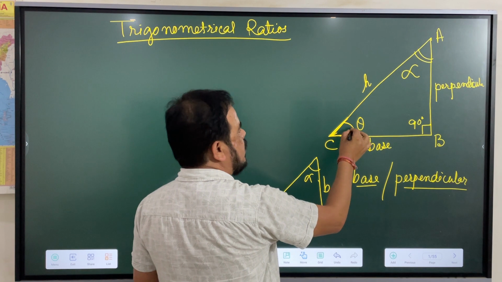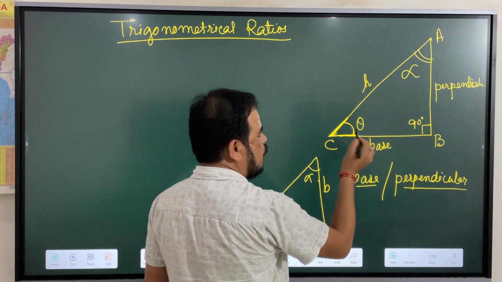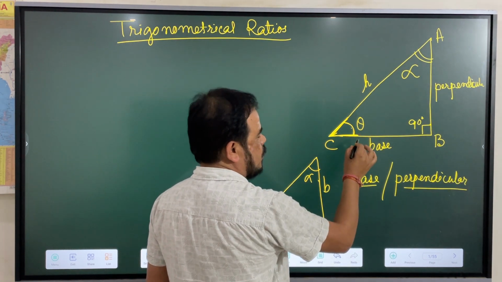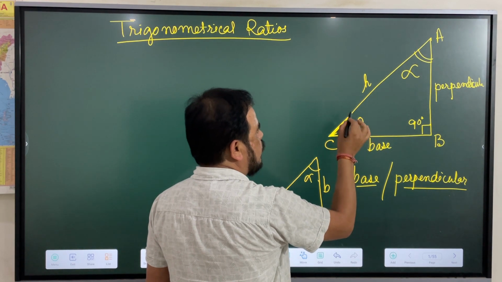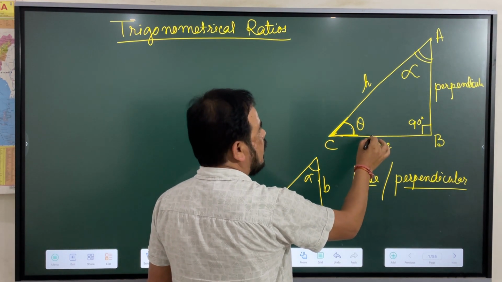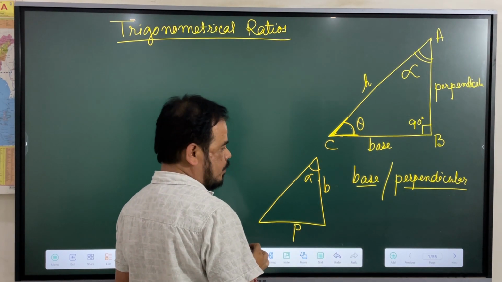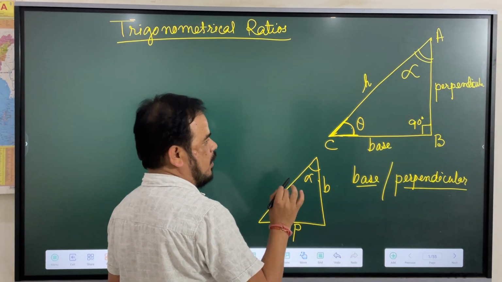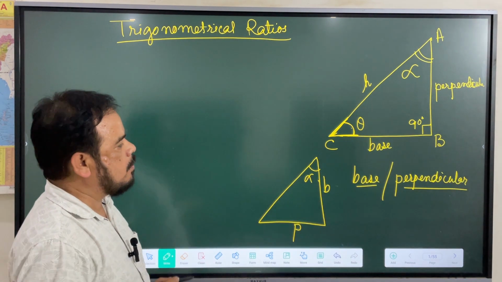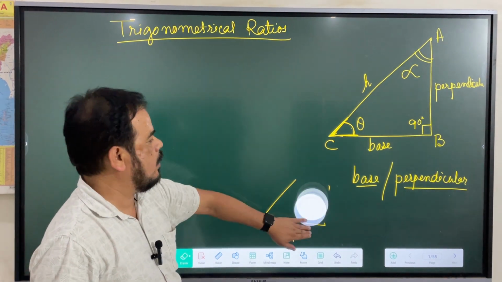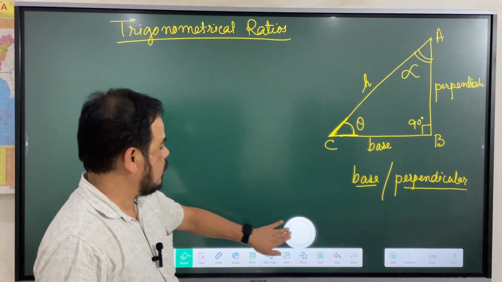This is not related to trigonometry directly, but it is common sense: with respect to this angle this will be the base, and with respect to that angle this will be the perpendicular. I hope you are clear about base and perpendicular.